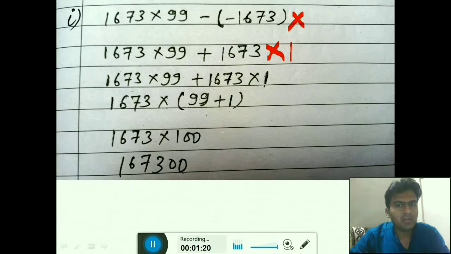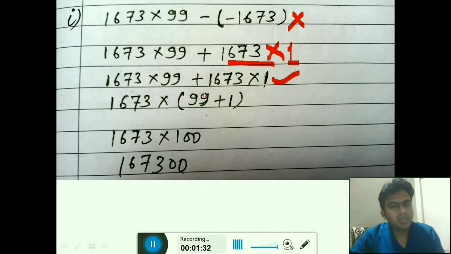If we multiply by 1, there is no change in the answer. That's why we multiply 1 at this step. Because now this is the second case, in which four numbers are given. Two numbers are multiplied, with a plus sign between.